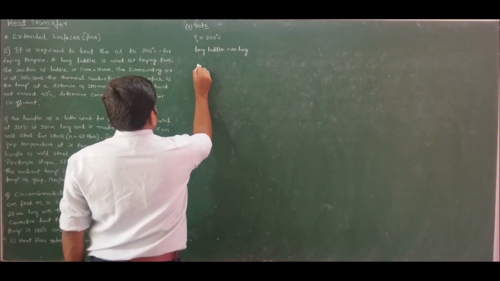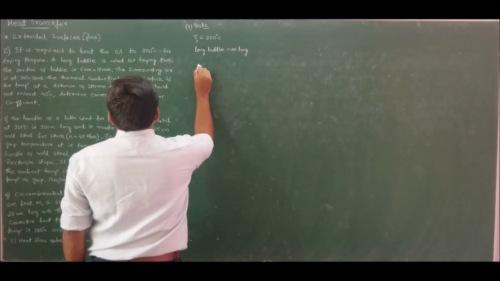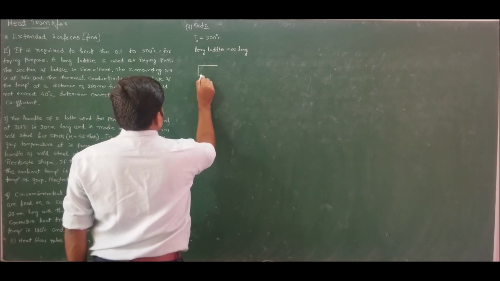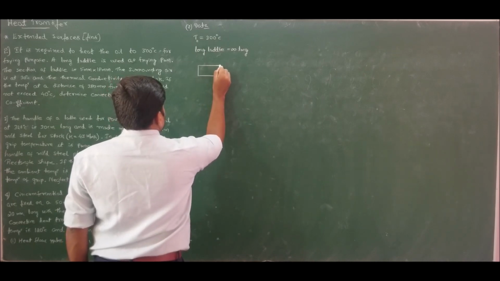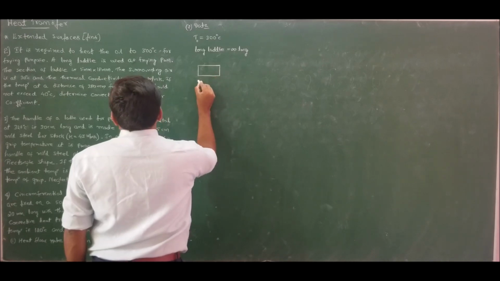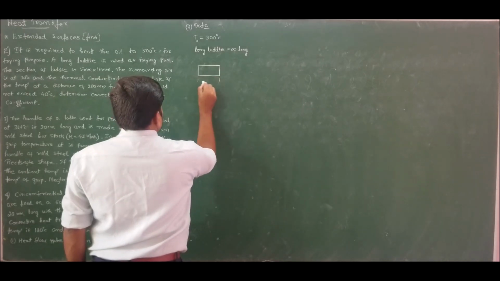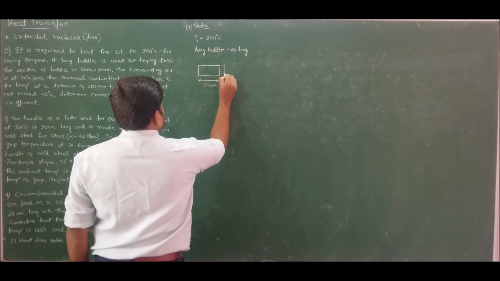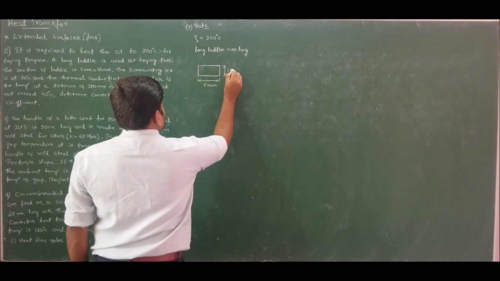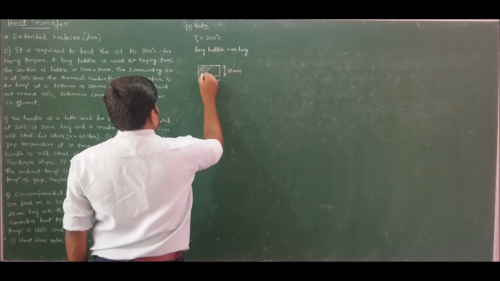The cross section of the ladle is a rectangle of 5 mm cross 18 mm.